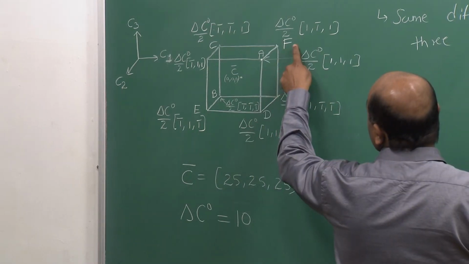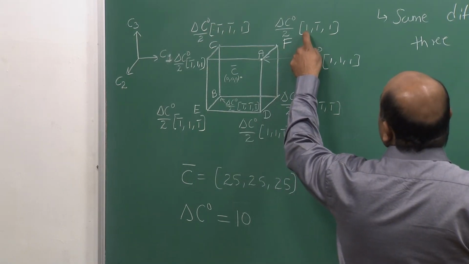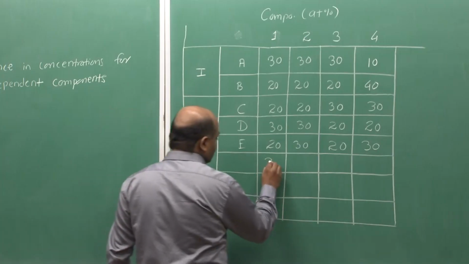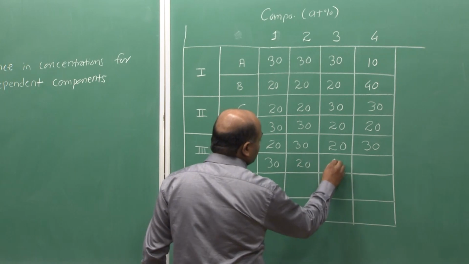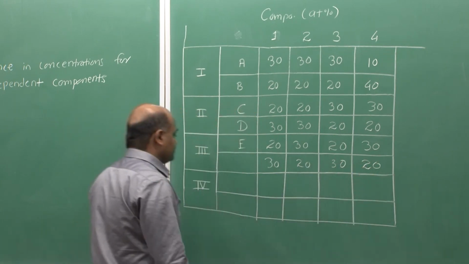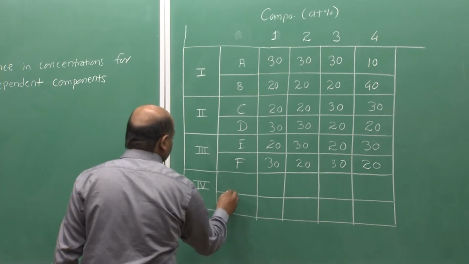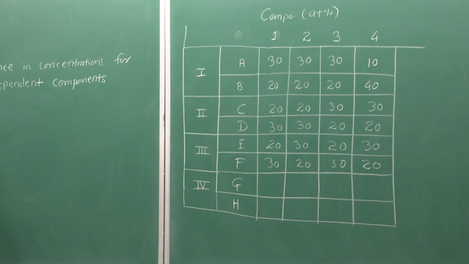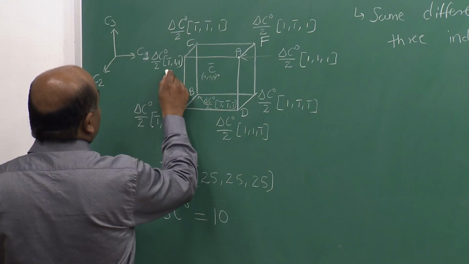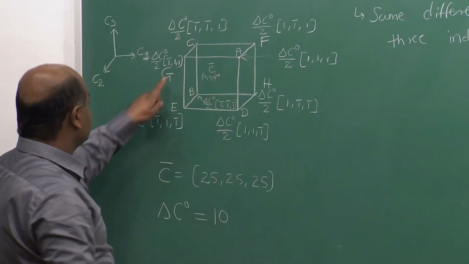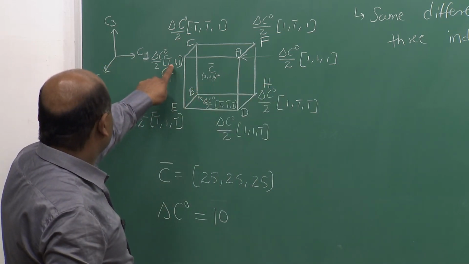Composition of F would be 30 20 30. Remaining would be 20. This is F. Let us denote the fourth body diagonal. This is G, this is H. So, G is -5 5 5.